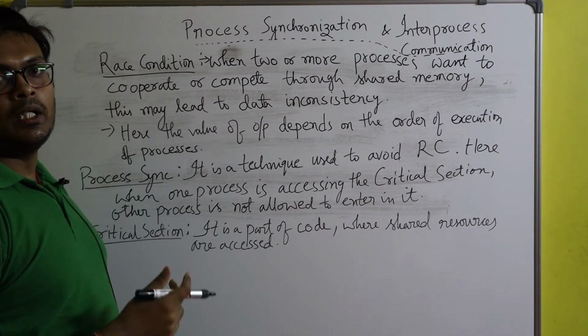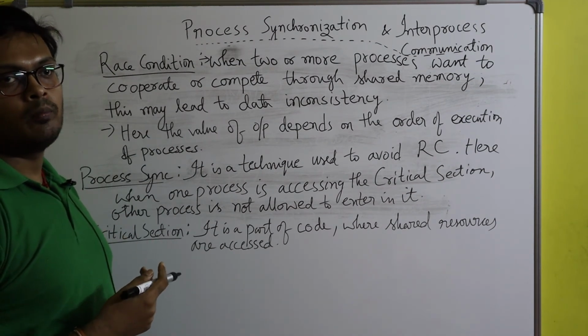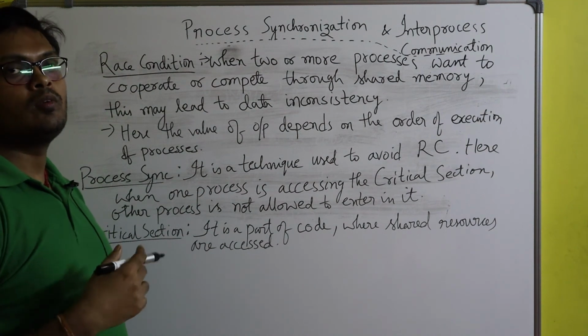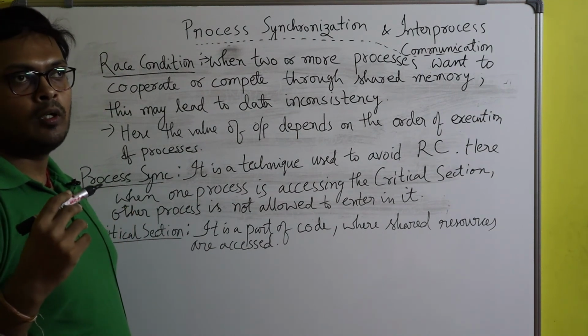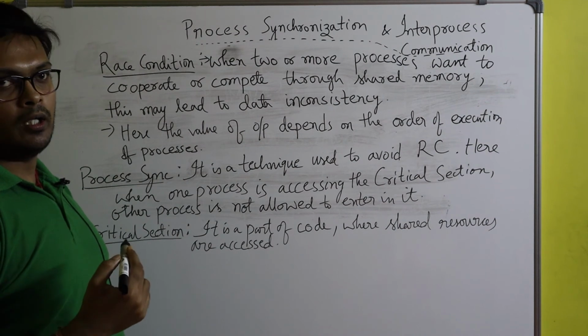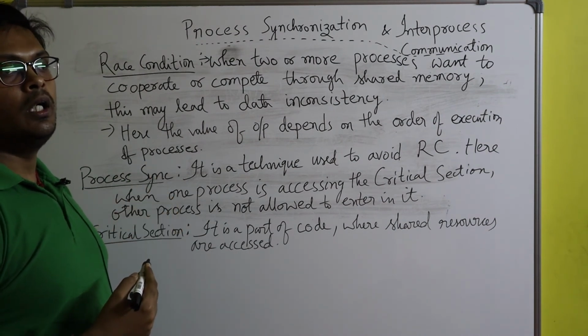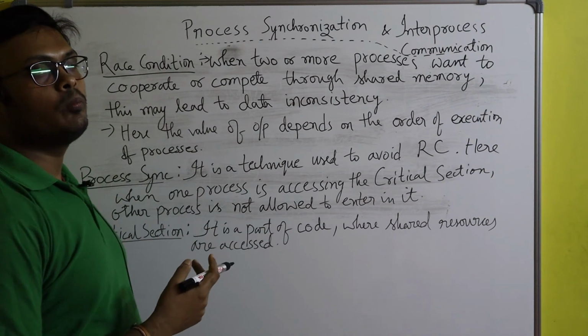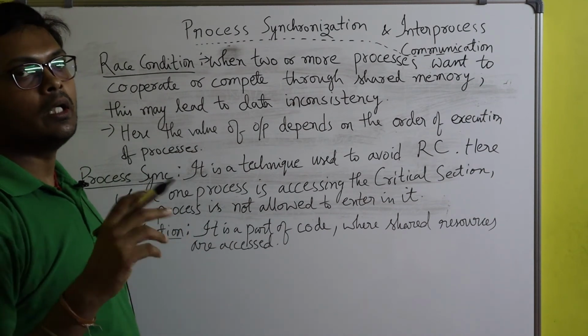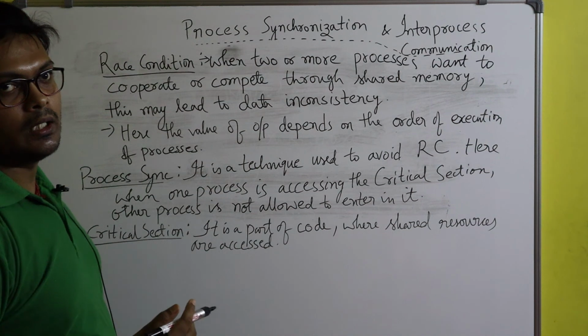As you have seen in the example of process P1 and process P2 that I have given, when process P1 started execution, P2 didn't wait for P1 to complete the execution. It snatched the CPU from process P1 and started executing its own instruction, and that led to data inconsistency.